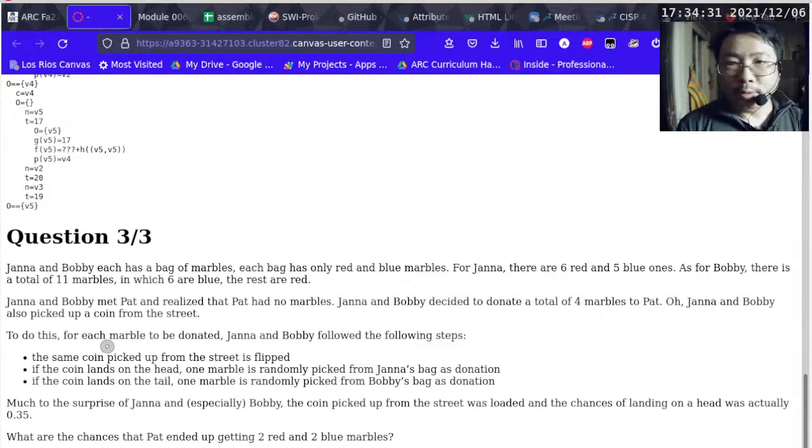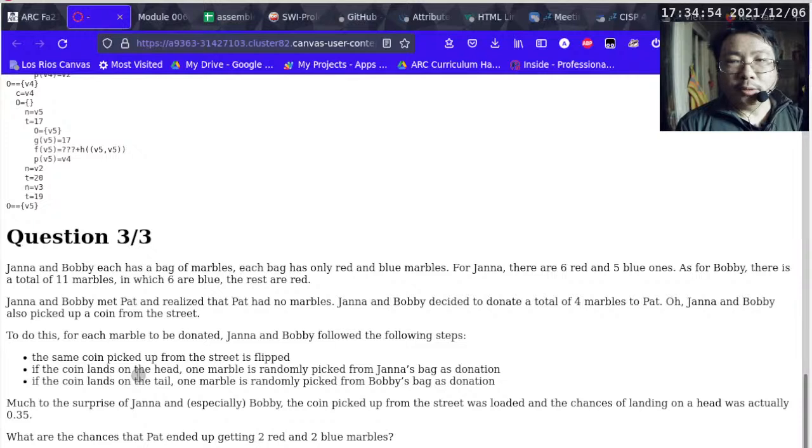For each marble to be donated, Jana and Bobby follow the following steps. The same coin picked up from the street is flipped, so we basically use one single coin in this case. There's only one coin that we picked up from the street. We flip it exactly 4 times.